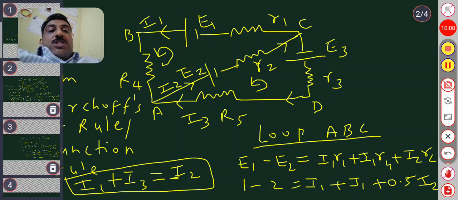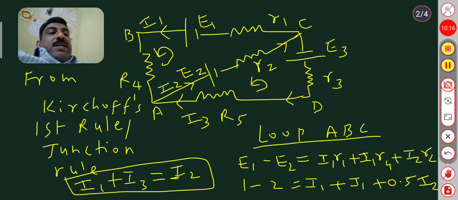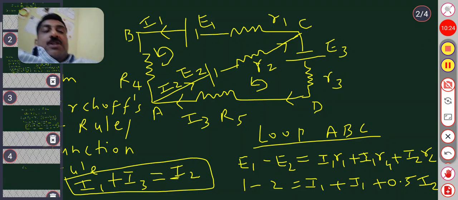So E2 is positive. Now what about E3? I'm going anti-clockwise, so E3 is going from negative to positive, which is not the natural direction of current. So I will take minus E3.